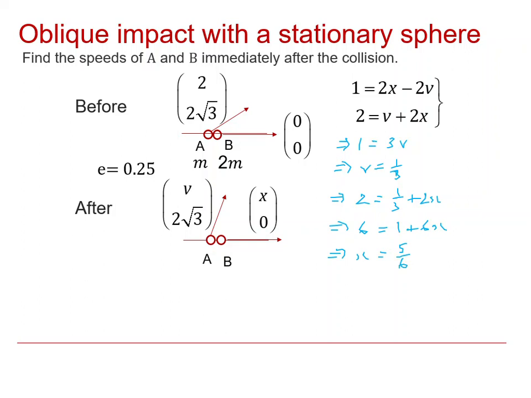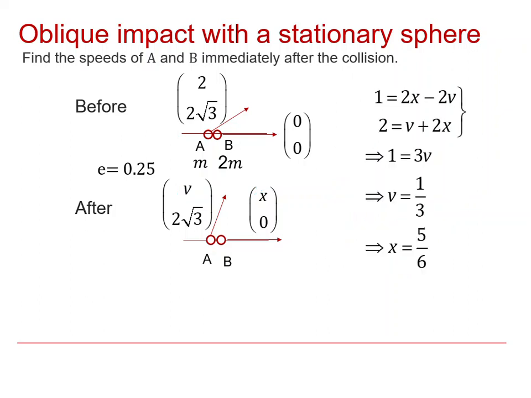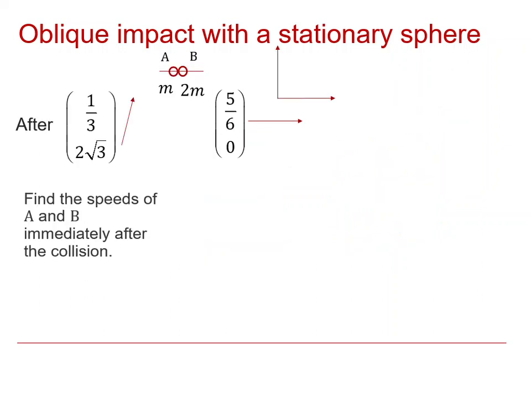So our two unknowns, the v and the x, are now given by the values we've just found. So on the next page we'll see that lower diagram, the after diagram, with those two numbers substituted. So there's our calculations, and now we move to a picture which has those values included.